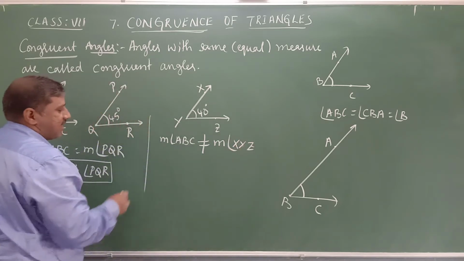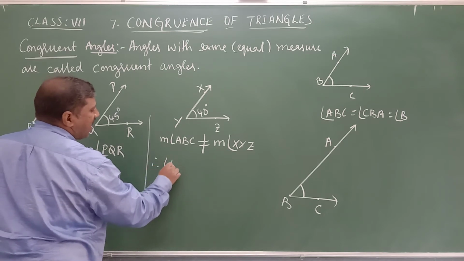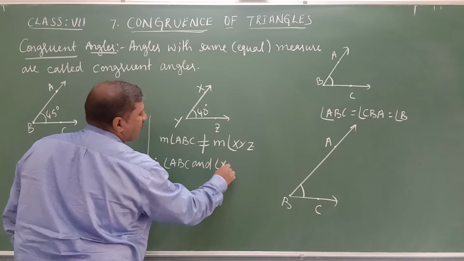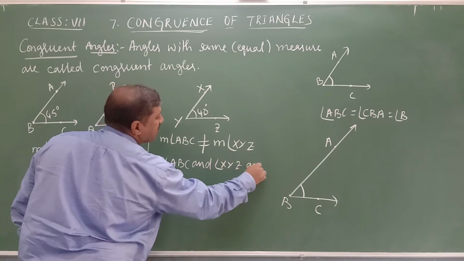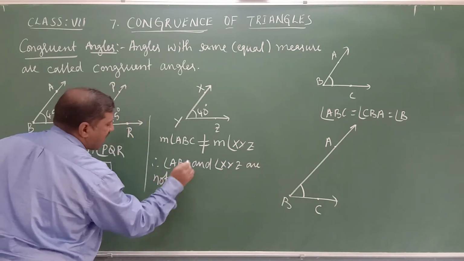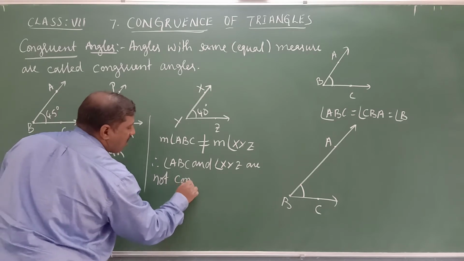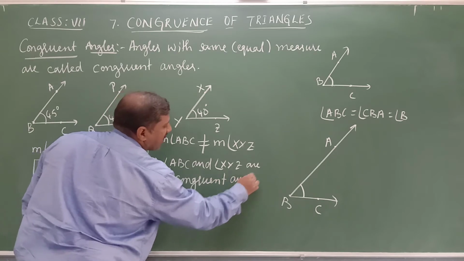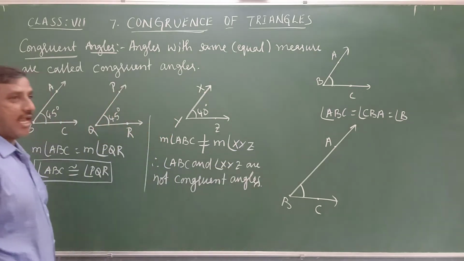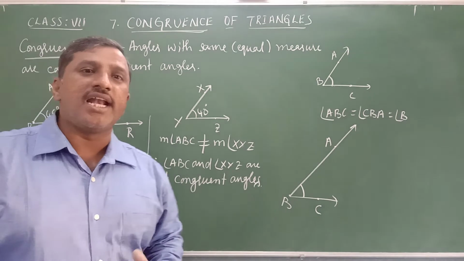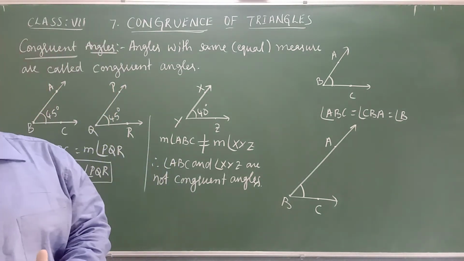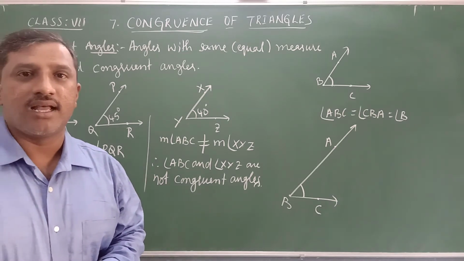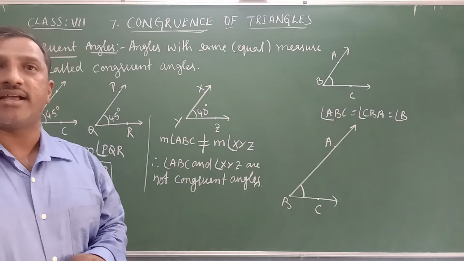Therefore, they are not congruent angles. So what can we conclude from this? If the measures of any two angles are the same or equal, then we can say that the two angles are congruent angles. Otherwise, they are not congruent angles.